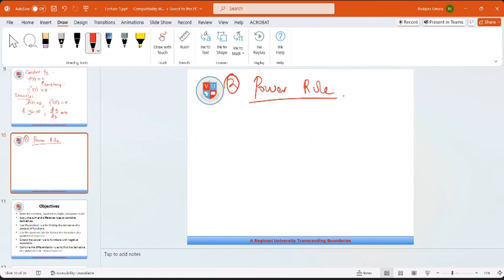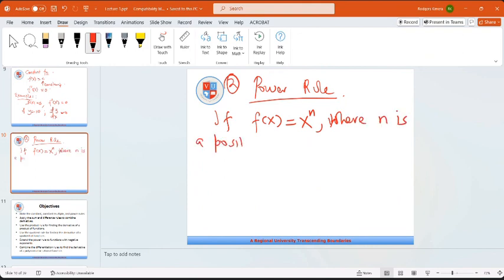Okay. So for the power rule, let's consider a function. If f of x is a function given by x power n, where n is a positive integer, then we shall find that the derivative f prime of x is equivalent to n x power n minus 1.